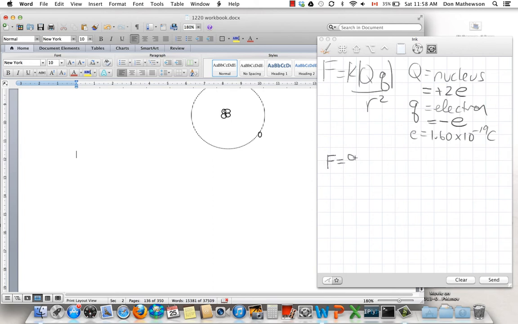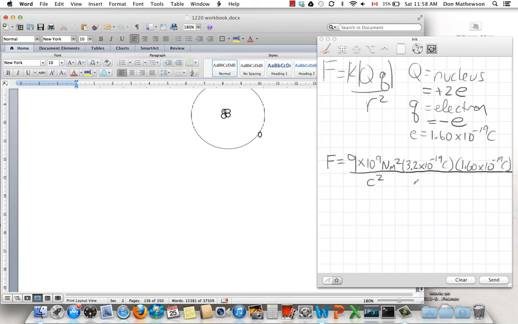So putting in the radius that we just computed, we can substitute and find the amount of force on the electron. So it's 9 times 10 to the 9 newton meters squared per coulomb squared. That's the k constant. And then absolute value, so we can drop the negative sign. So we're going to have 3.2 times 10 to the minus 19 coulombs. That's the nucleus. And dropping the minus sign on the electron charge, 1.6 times 10 to the minus 19 coulombs.